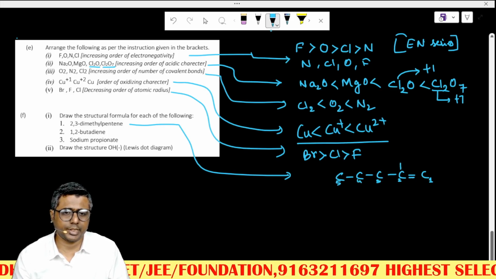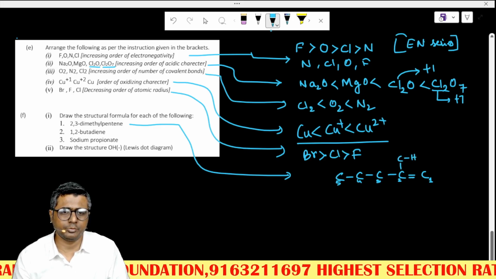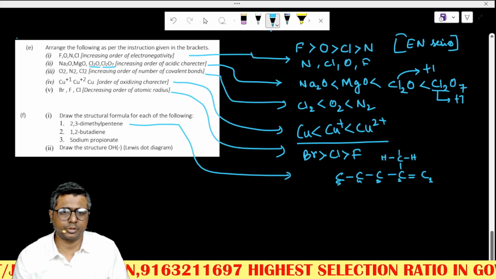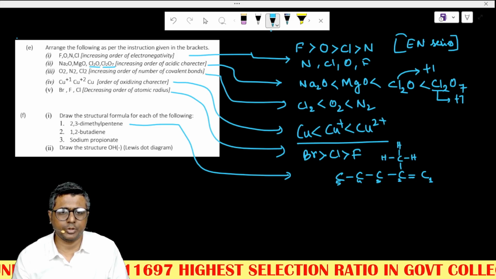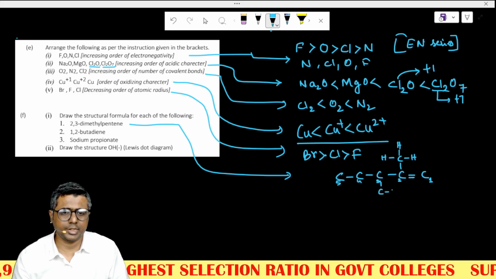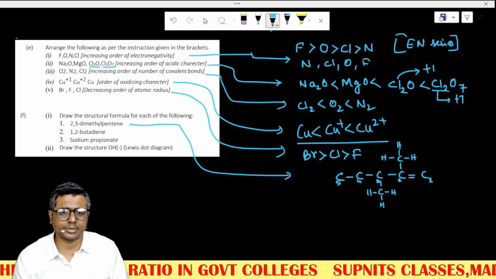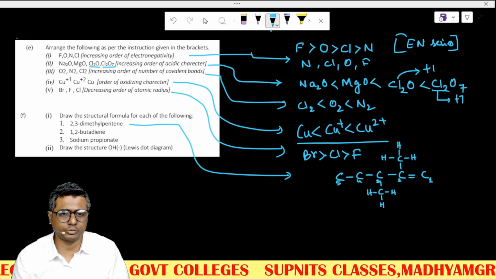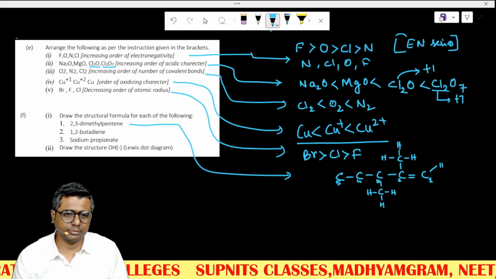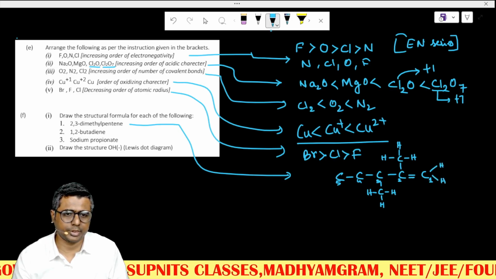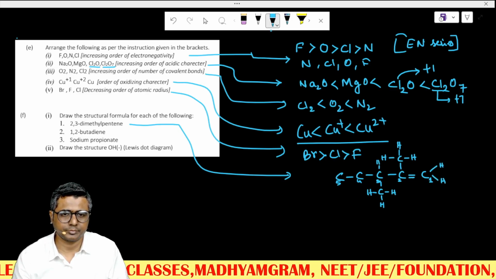So here in second position there will be a methyl group. Structural formula it has been said to draw. So this is structural formula where each and every bond must be shown. You cannot write CH3 sort of thing. This is the way you need to do it. After that you just count hydrogens, count the number of bonds and put hydrogens.